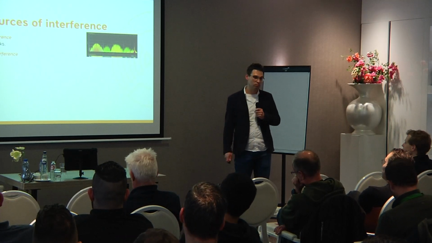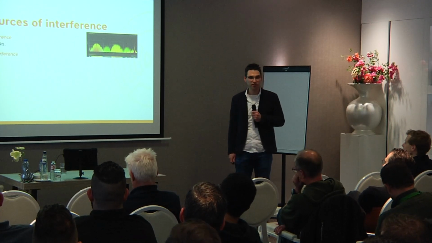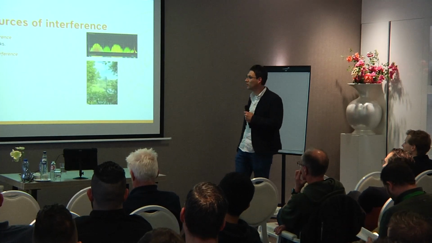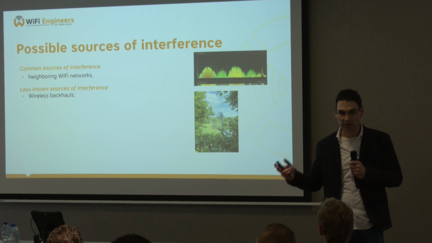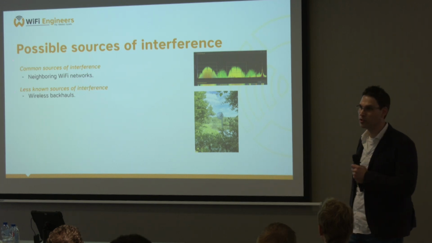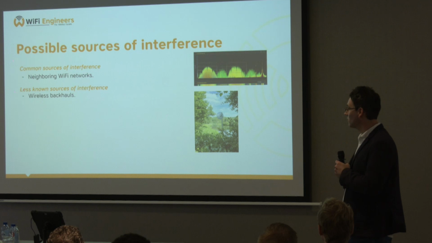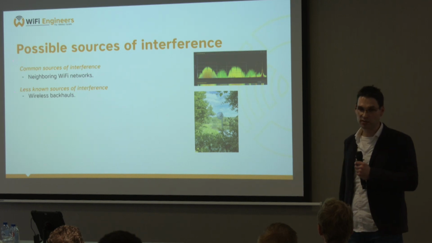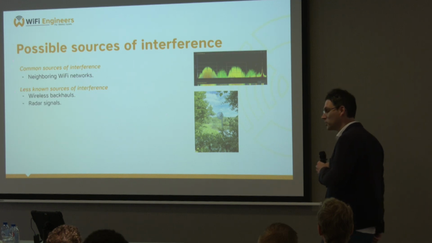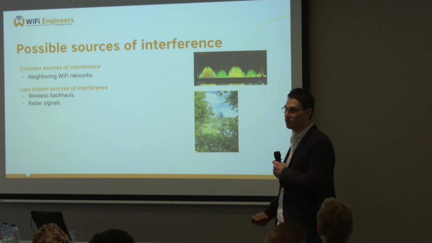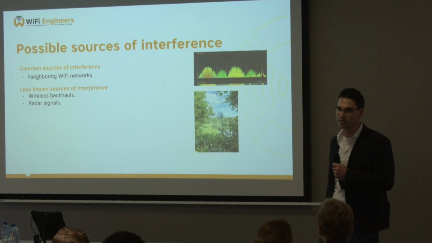There are also some less known sources of interference. For example, wireless backhauls. Maybe someone already has a wireless backhaul installed, which means that specific channels might not be useful there. Radar signals. These can also affect your wireless environment.